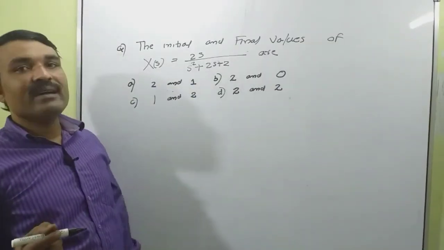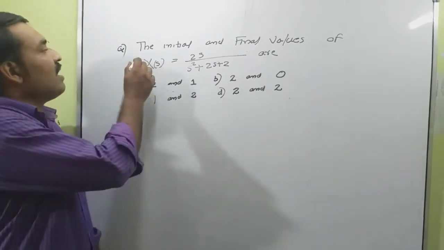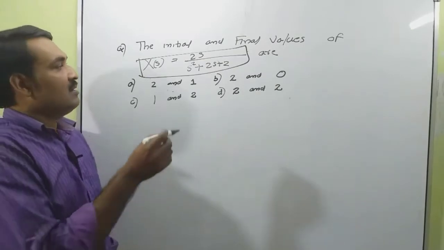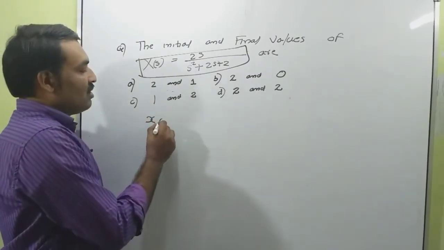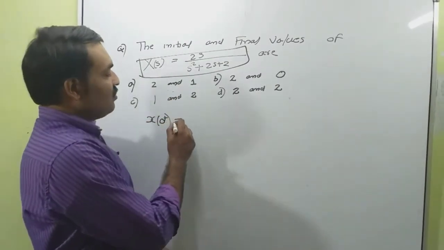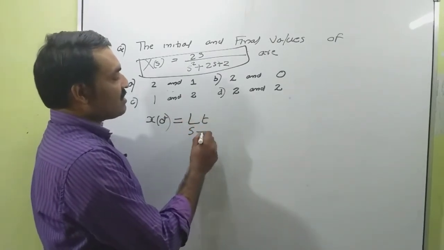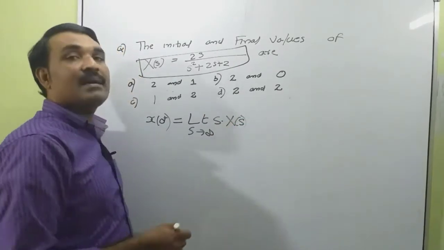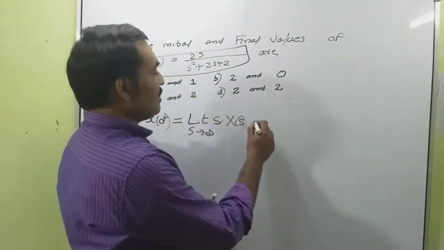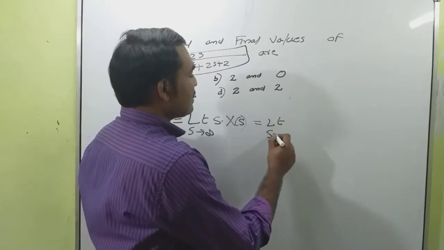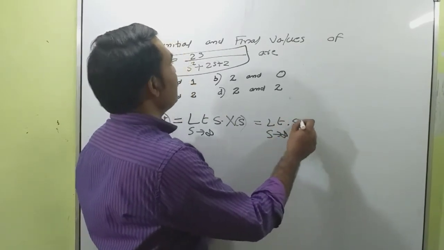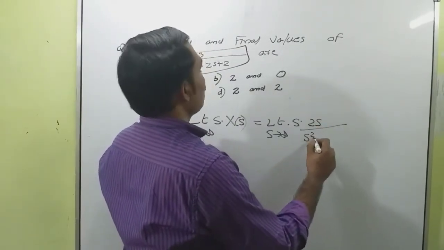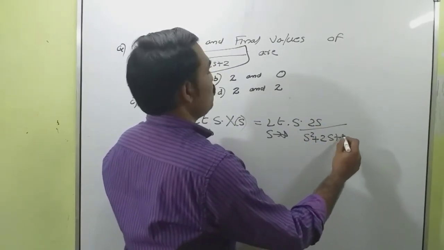Now we want to find the initial value and final value of the signal x of t whose Laplace transform is given. So the initial value x of 0 plus is equal to limit s tends to infinity s into X of s, by making use of the initial value theorem. So that is equal to limit s tends to infinity s into this function, that is 2s divided by s square plus 2s plus 2.